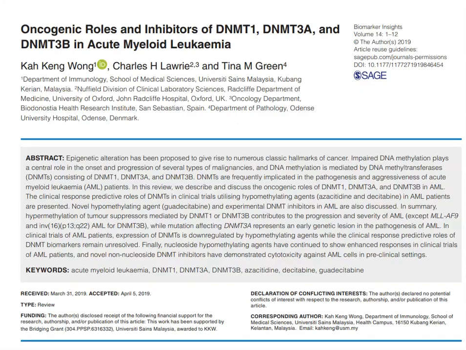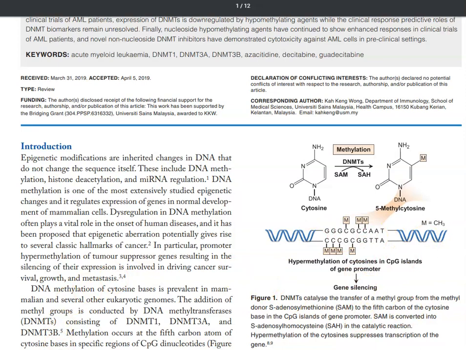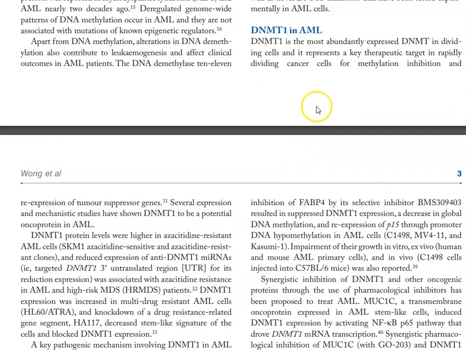If you want to find out more about DNA methyltransferase inhibitors, this is a really excellent, very recent review looking at a whole range of them. It covers their mechanism of action as I've just described, and summarises a lot of their uses, both preclinical experiments and clinical uses, particularly in hematological malignancies.